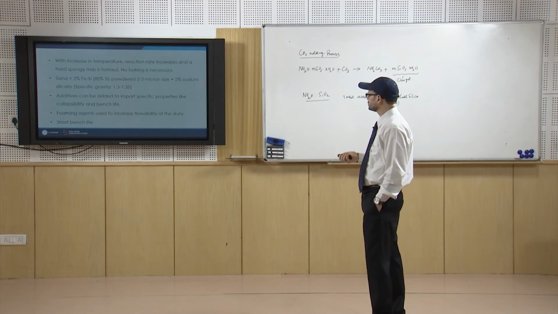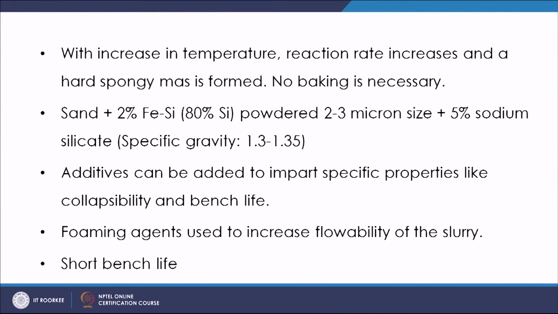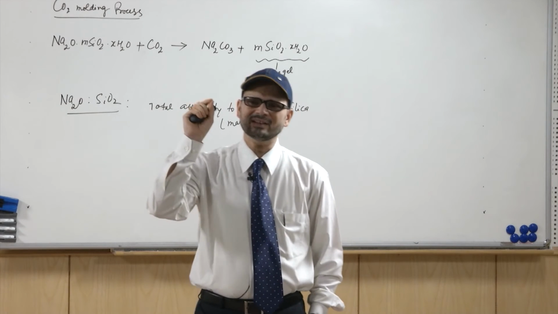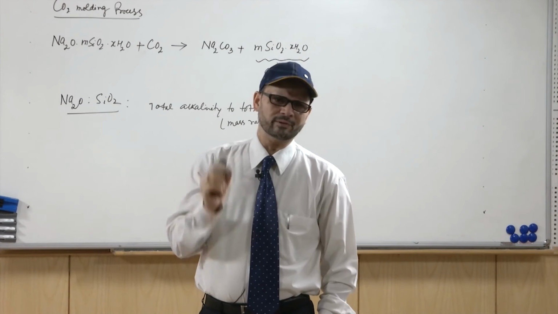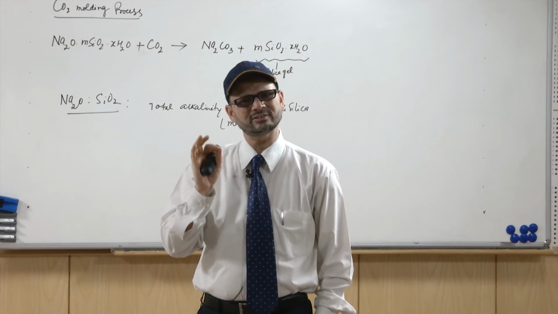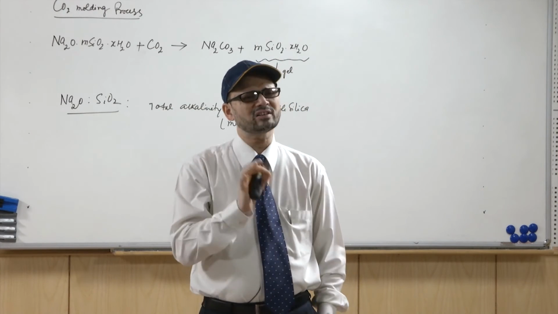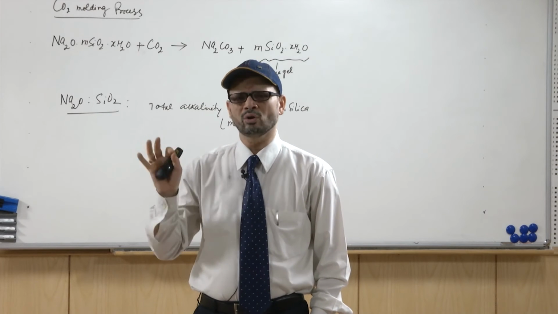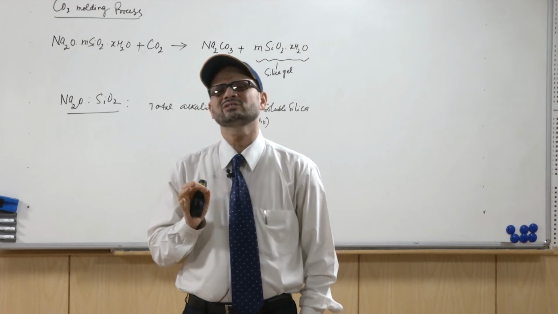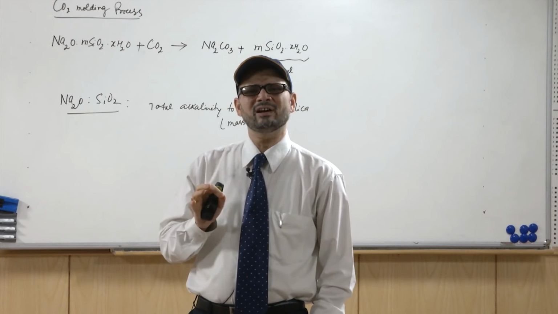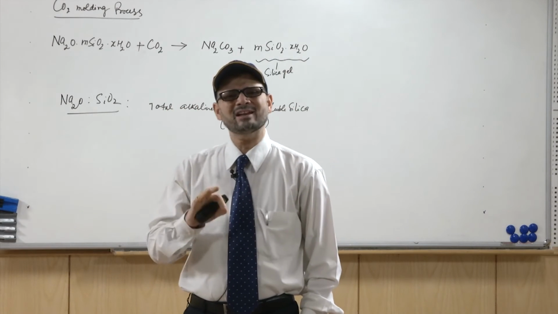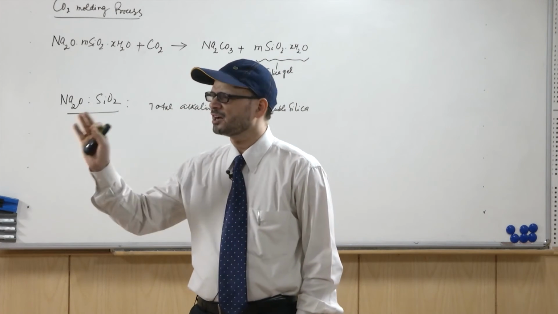Now, in this case also additives can be added to impart specific properties like collapsibility and bench life. So, as we move, the bench life becomes shorter. As we had discussed, even in the case of carbon dioxide moulding, the bench life is a limitation. You cannot leave the mold which has been prepared by mixing the sand with sodium silicate in normal atmosphere.